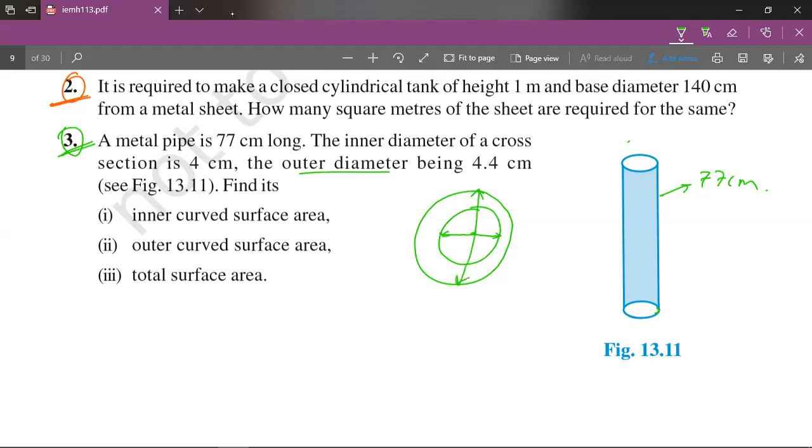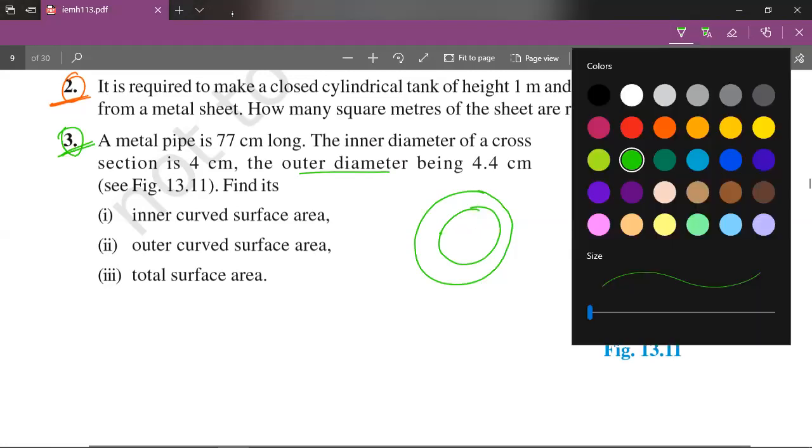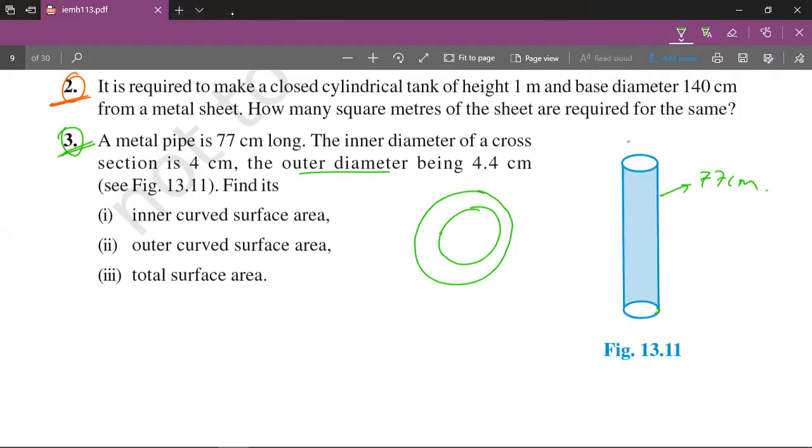So basically what the question is trying to say is about the inner radius. I'll just draw it again. So this is the center. Finally, we have to solve for the radius also.